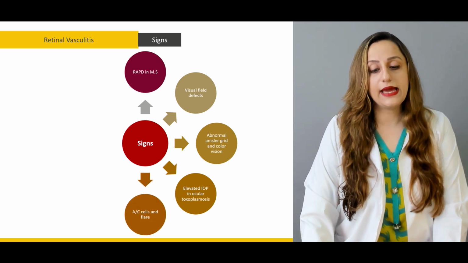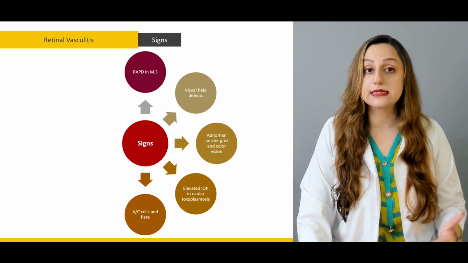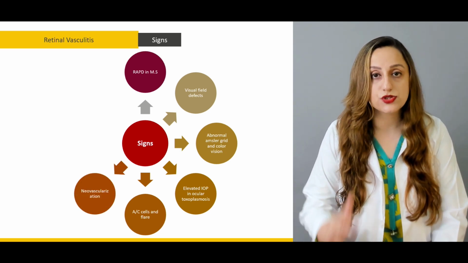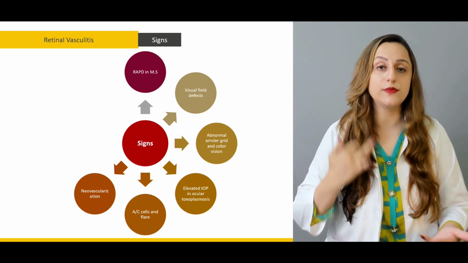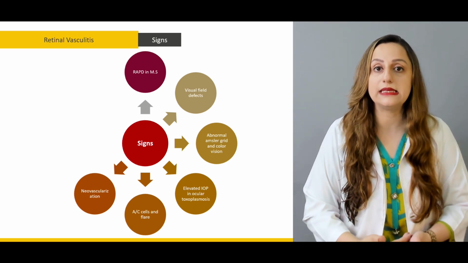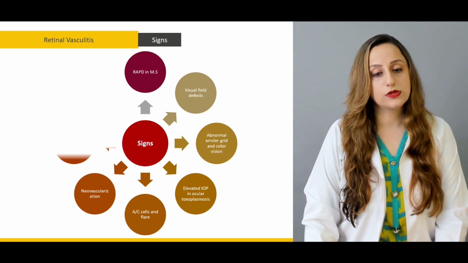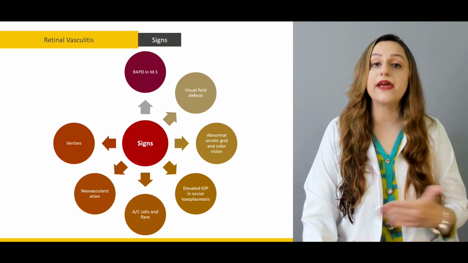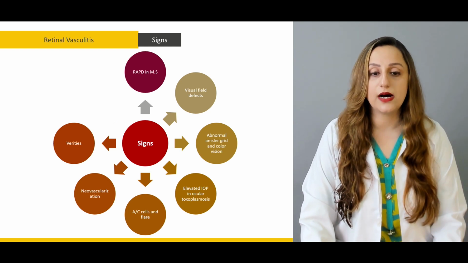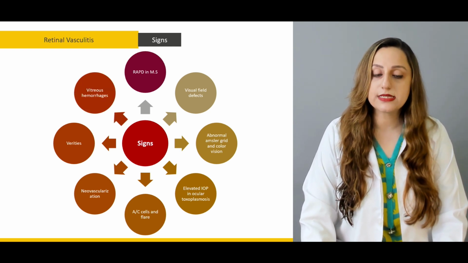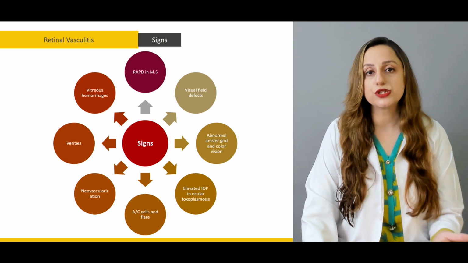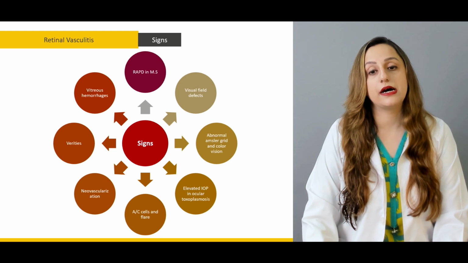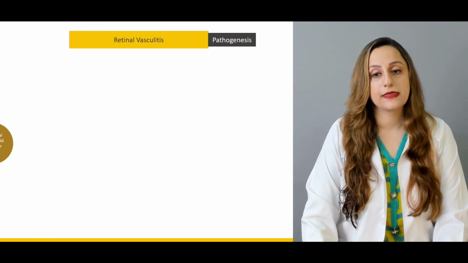And then finally, we have anterior chamber cells and flares in these individuals. We have neovascularization, that is, new vessels being formed after the signaling by the ischemia. So these are some of the factors. And then we have the variegations noted down. Vitreous hemorrhages are indicative of the floaters that are present as signs and symptoms of retinal vasculitis.